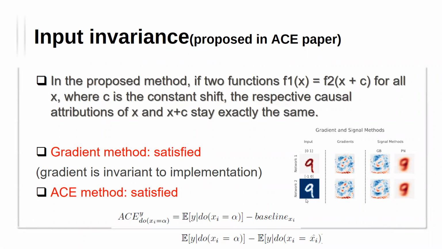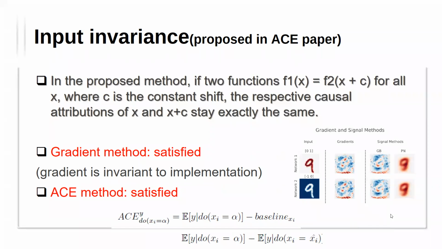The two networks should be functionally equivalent, and the gradient is equivalent for the two networks.